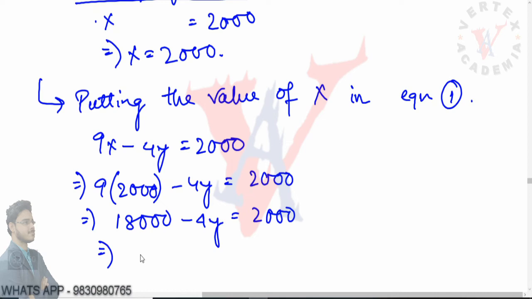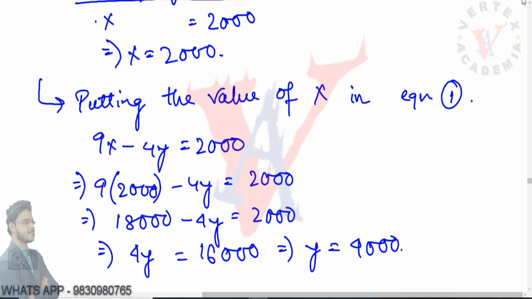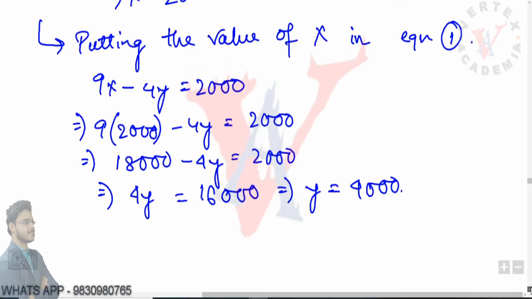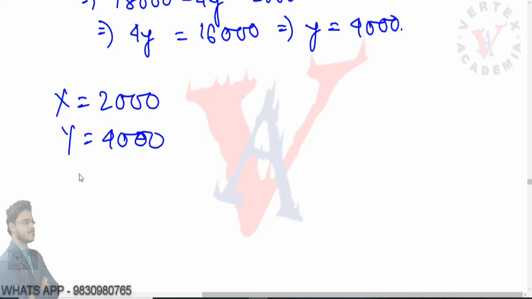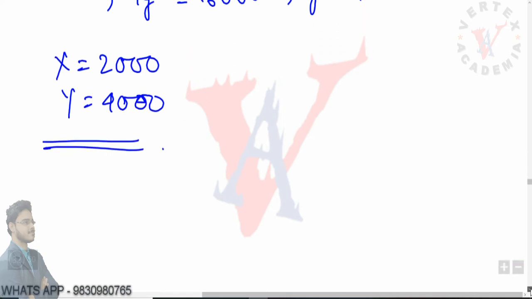Let us take 4y to that side, so 4y equals 16,000, so y equals 4000. So finally we have got the solution, that is x equals 2000 and y equals 4000. I think this is clear to you, because I think you are intelligent enough to get this.